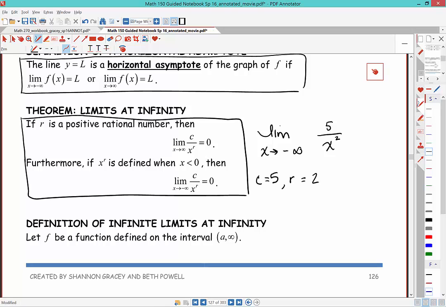And because it matches the conditions of this theorem, that we have a rational number r, and we have this scalar c, that means that this limit has a result of 0.